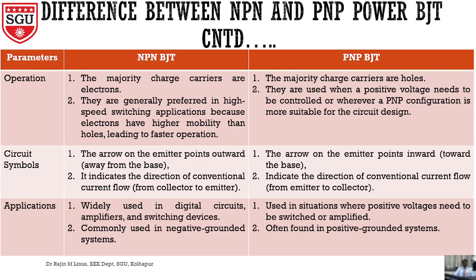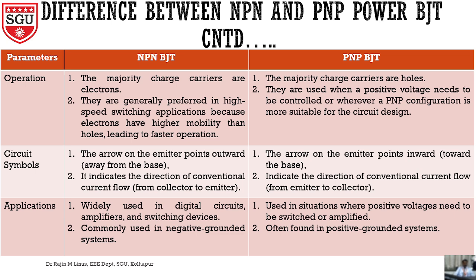Then applications. NPN transistors are widely used in digital circuits, amplifiers and switching devices. Similarly, the PNP transistor is used in situations where positive voltages need to be switched or amplified. Normally the NPN transistor is preferable.